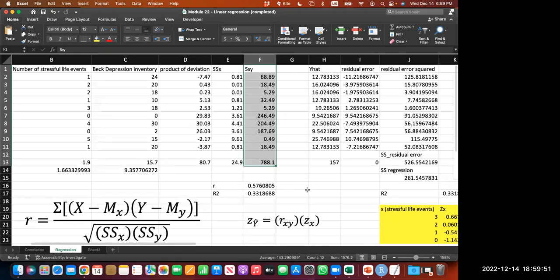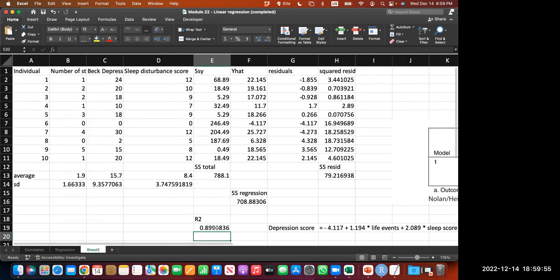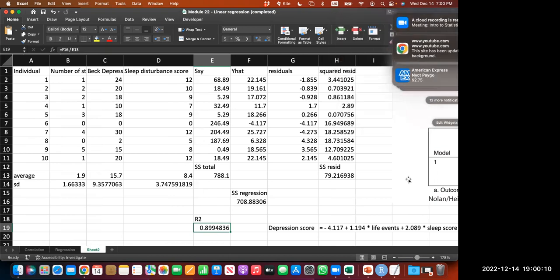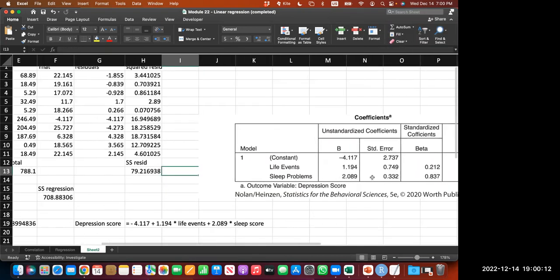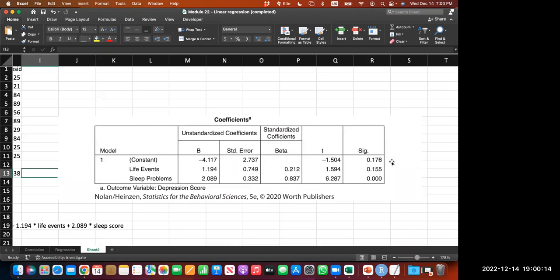0.33 from our univariate model to 0.89 in our multivariable model. So that would suggest that including sleep disturbance score essentially massively improved the accuracy of our prediction. And that's also what we see when you look here at the p-values of our model.